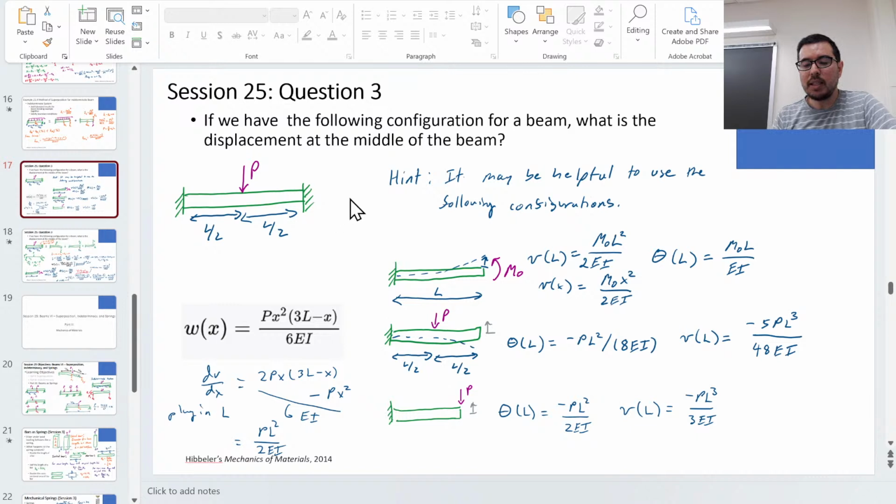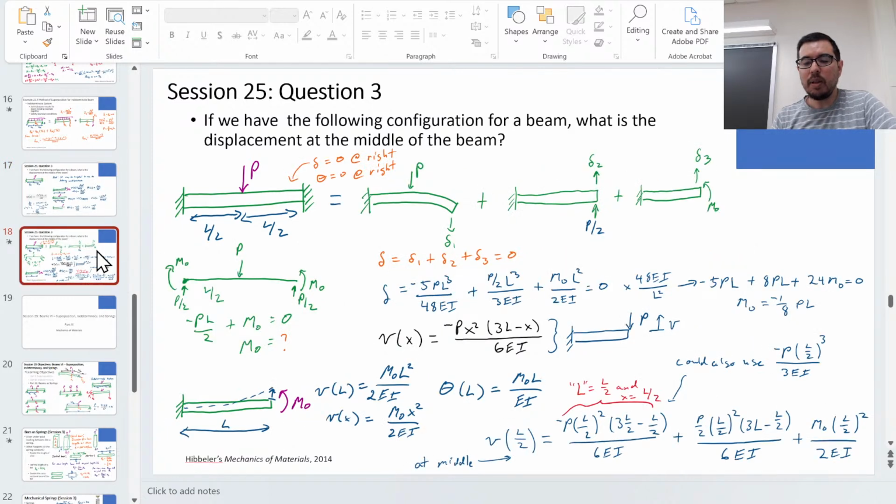What we're saying is that this constraint here, that wall constraint, is applying some type of moment and some type of force. Probably not downward, probably upward, and applying a moment in the opposite direction if I'm doing it on the right.